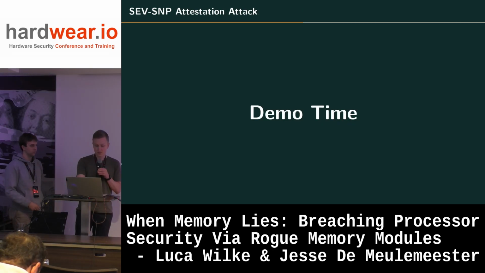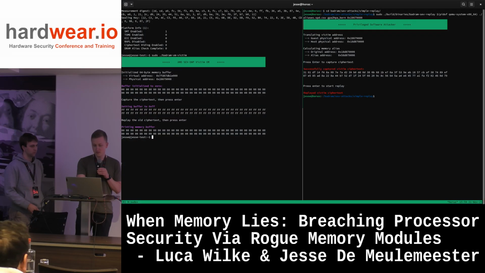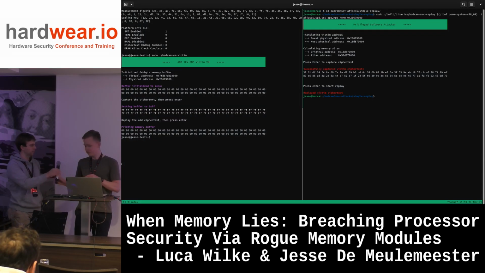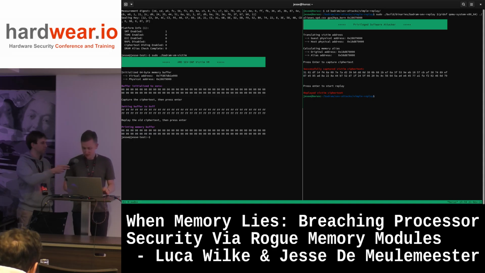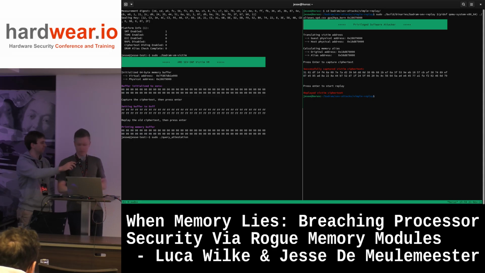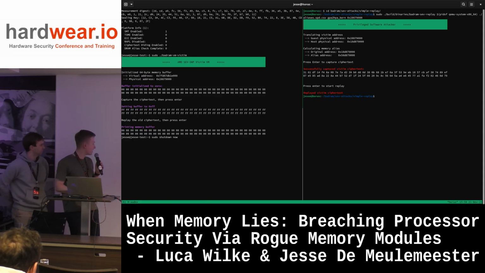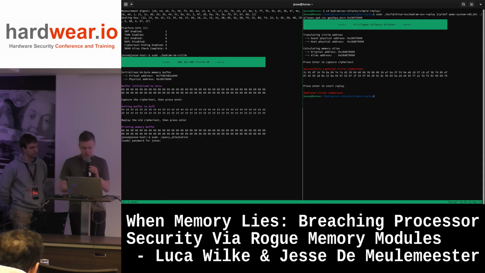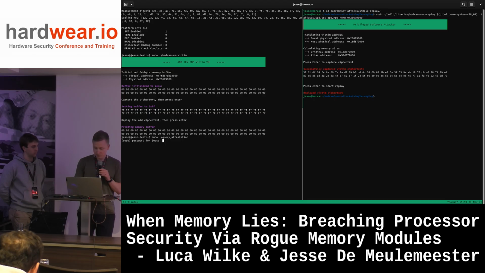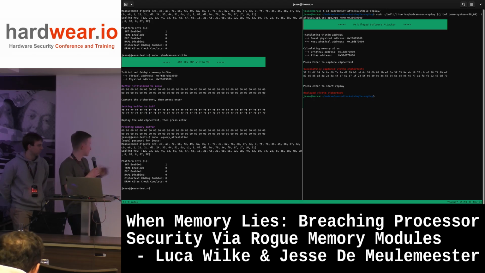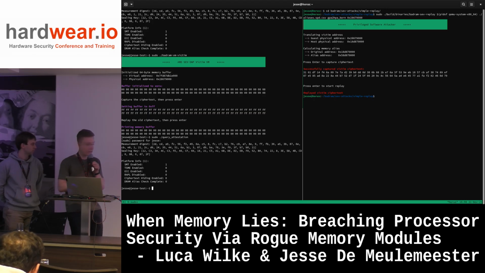And there's also a small demo for that. Yeah, so now we are in the VM, and we query our attestation report. And this is this value here, some hash.